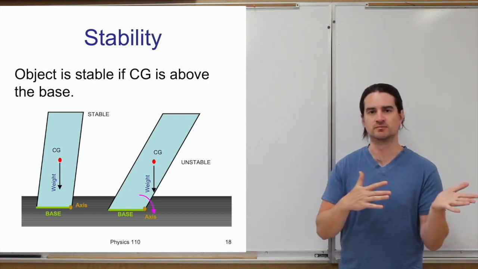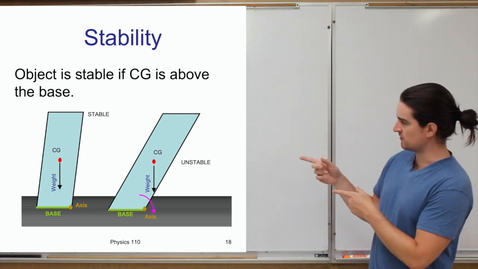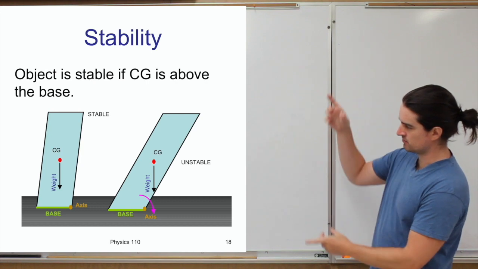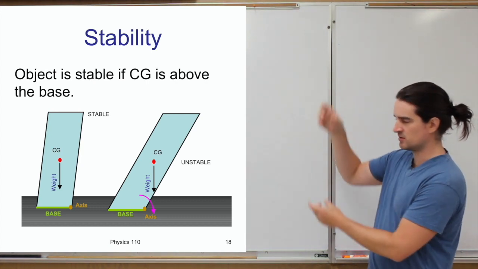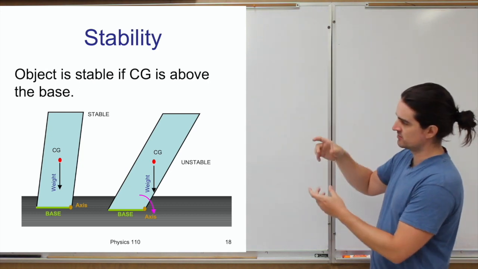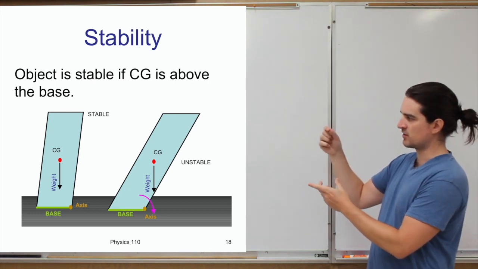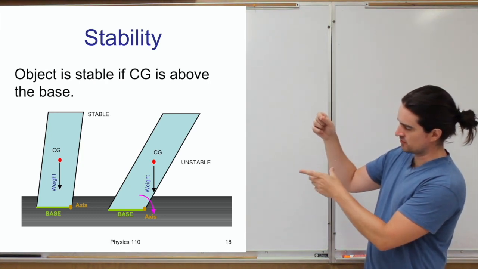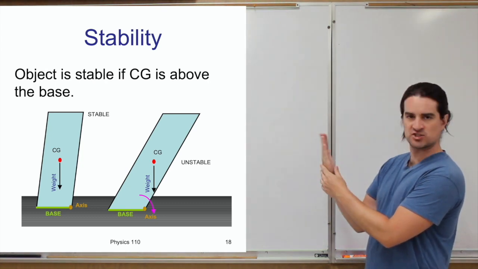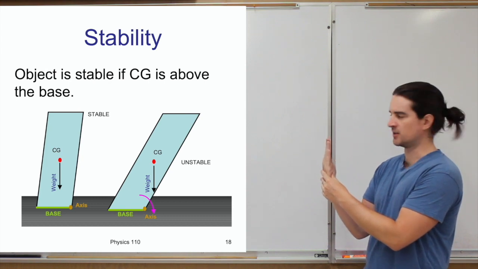It's not going to fall over. So in the picture here, if you have two different objects, one is this straight rectangular object. It's all uniformly distributed mass, so the center of mass, or the center of gravity, is right in the center of the object. And there you go, the center of gravity is over the base. The object's stable. It's going to be fine, just chilling right there.